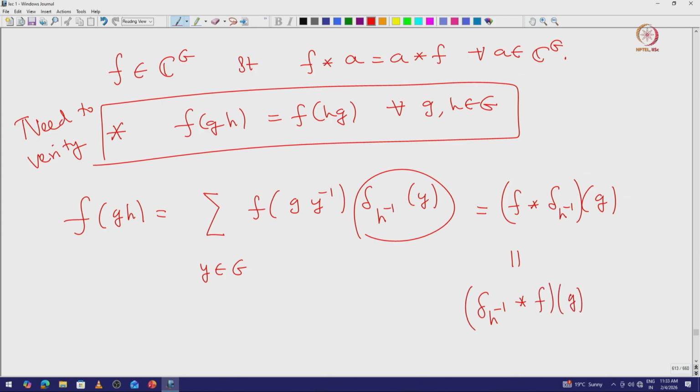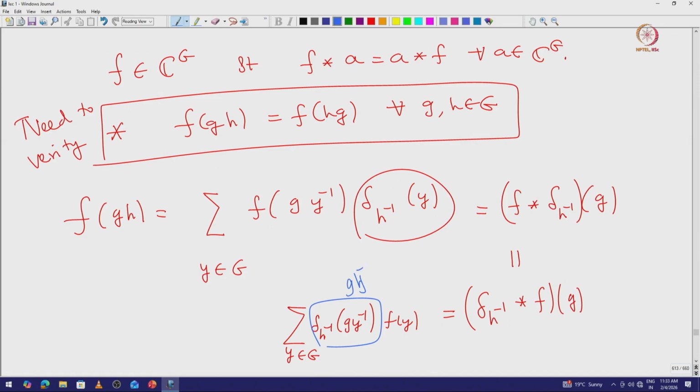Now, if we use the definition, this is exactly equal to the summation over y in G of delta_{h inverse}(g y inverse) f(y). You can see that this element is going to be exactly 1 when g y inverse is h inverse.